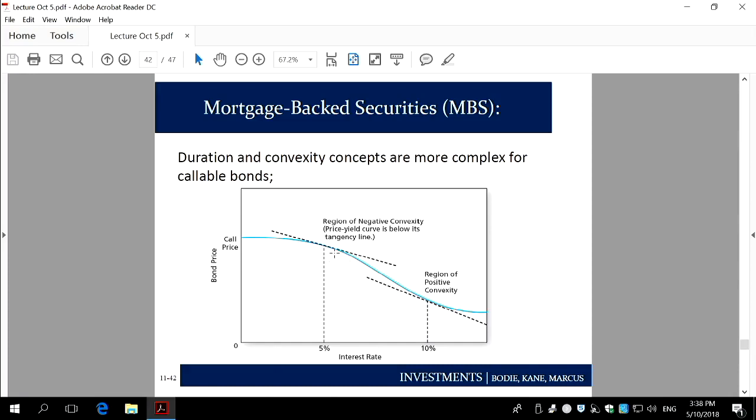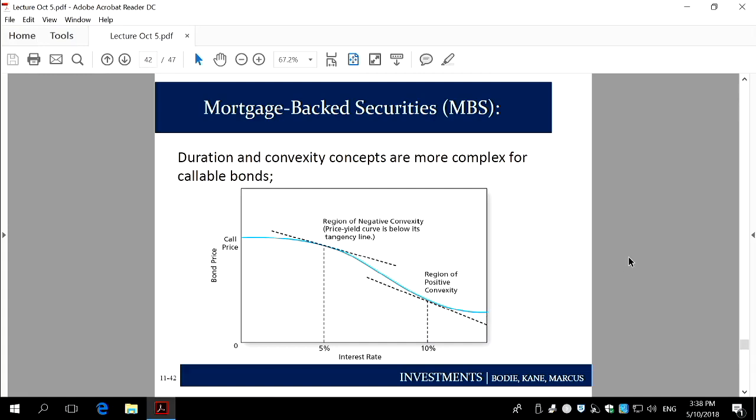So in this range, this security has negative convexity, and in this range, it's just like an ordinary bond. It has positive convexity. It's all from the second derivative of the curve, right? Mathematically, the second derivative of this part of the curve is negative, and the second derivative of this part is positive.